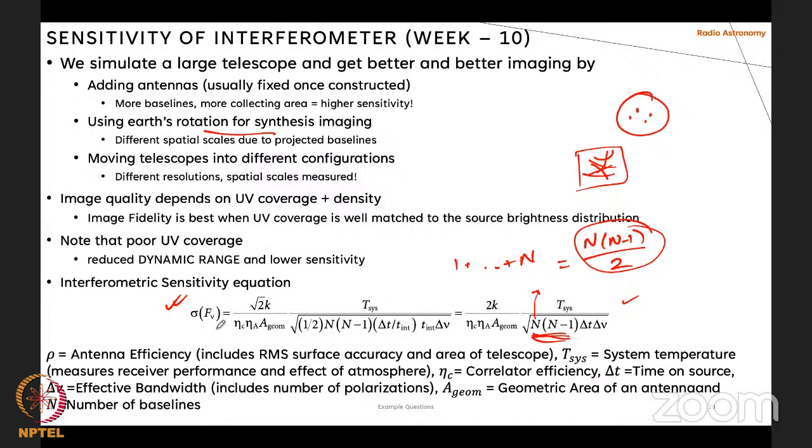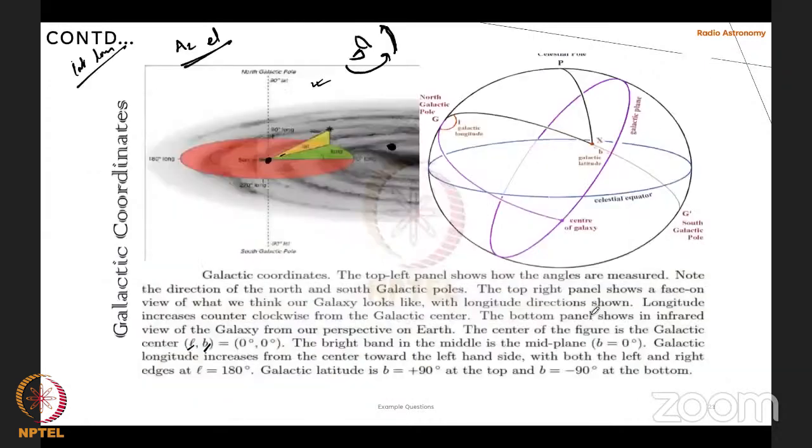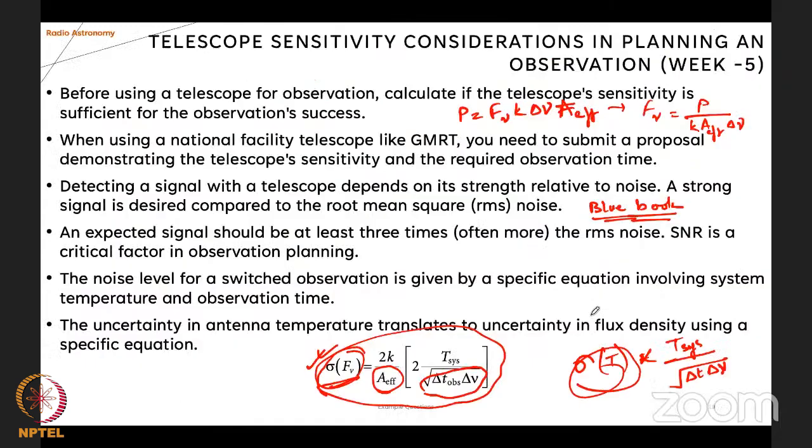Now if you see the sensitivity, it changed by a factor of n to n minus 1. Okay, if we see this one again, here the sensitivity depends upon effective area and only the observed time multiplied with the bandwidth.